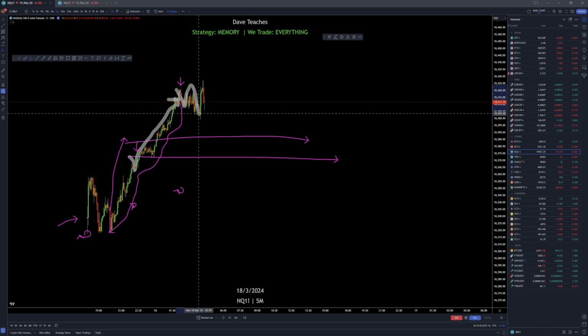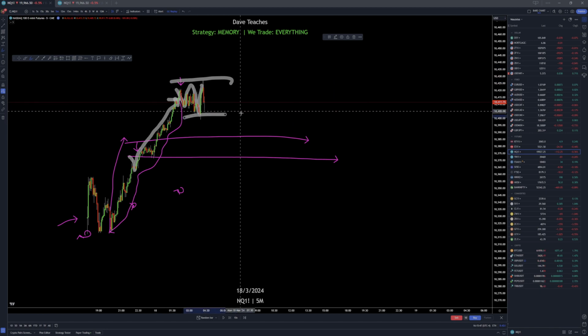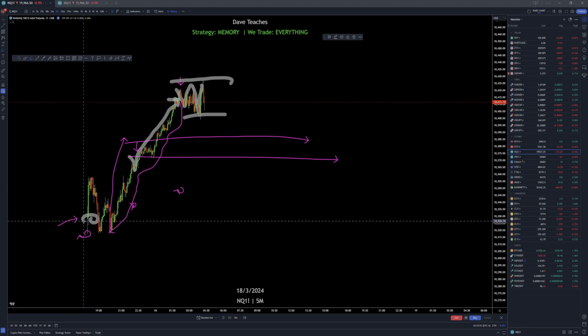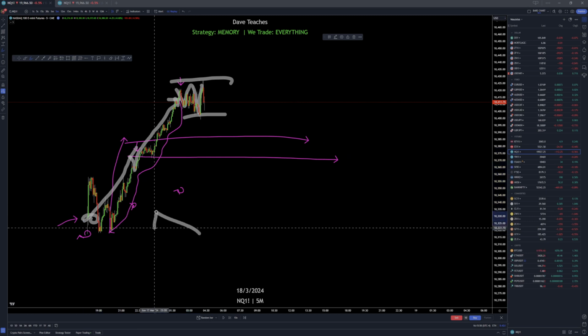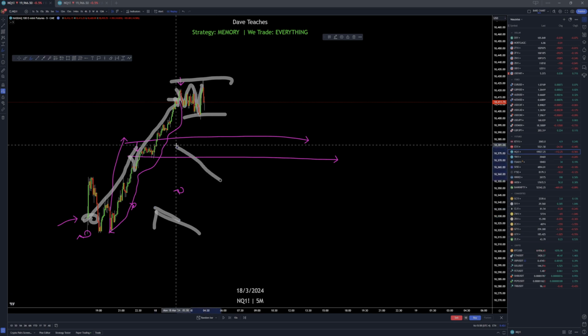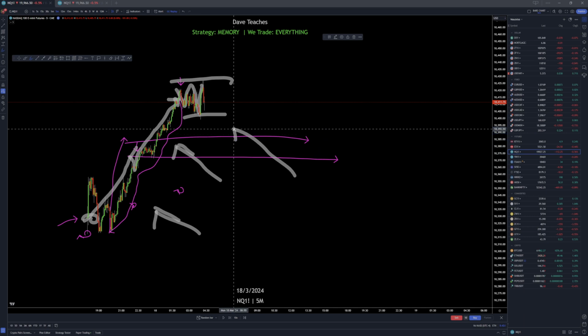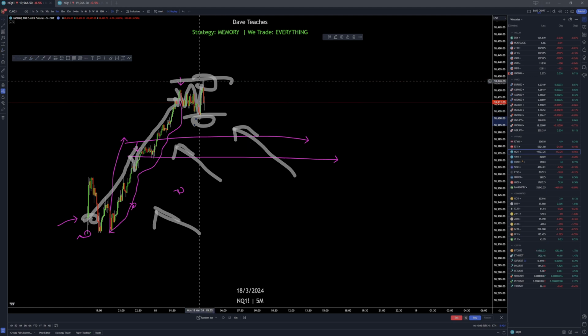And this here is just a wick on both ends currently of this 4-hour candle. And this 4-hour candle here is a body going up, right? So that has a body, and that currently has a wick on both sides, presenting itself as a doji.